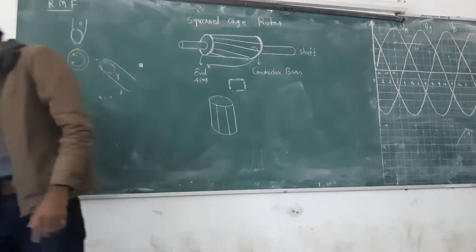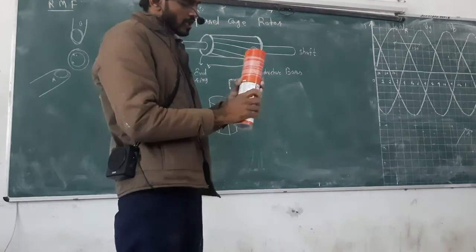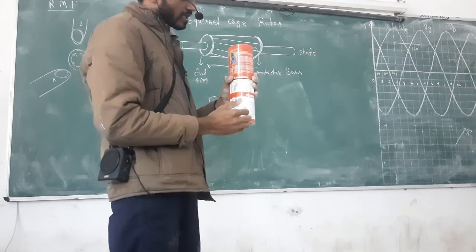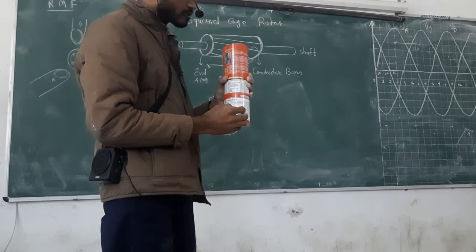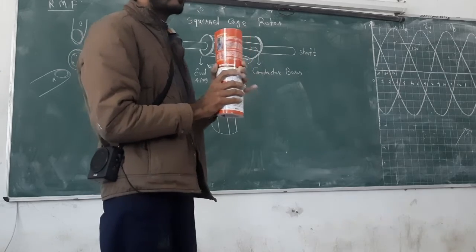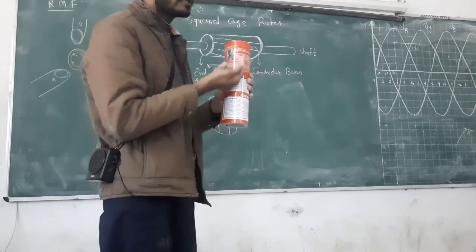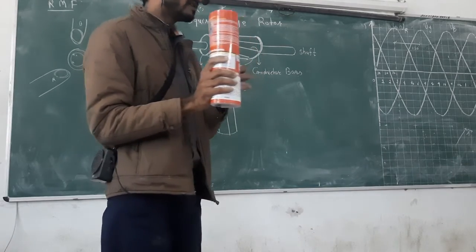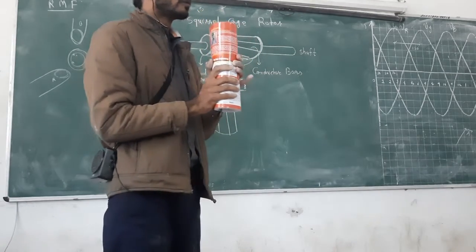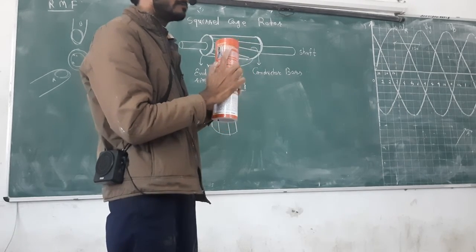Now what will happen is that EMF will be induced inside that conductor. One is an N pole, another is an S pole, and the rotation is the same. So one will give the voltage in this direction, and another will give the voltage in that direction. Because of this voltage, current will go like this.